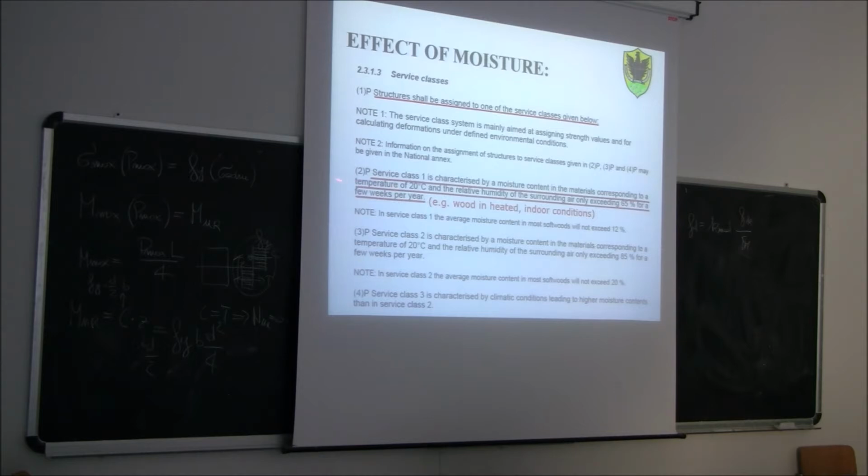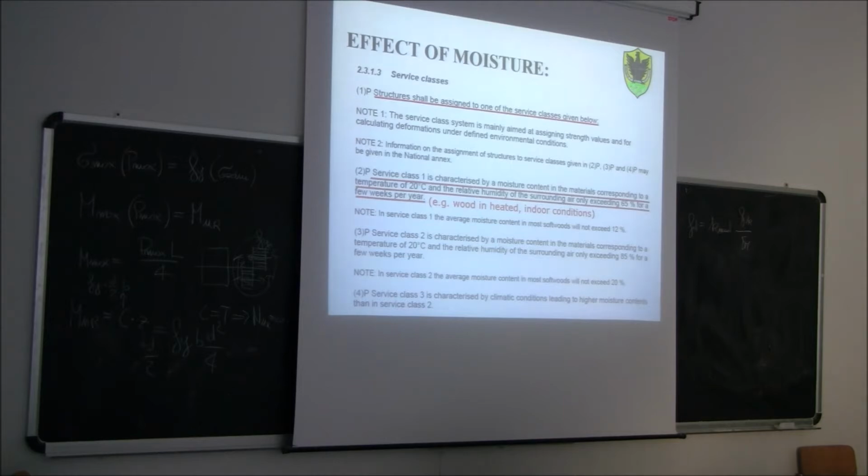Service class 1. Let's now focus on service class 1. Service class 1 is characterized by a moisture content in the materials corresponding to a temperature of 20 Celsius degrees and the relative humidity of the surrounding air only exceeding 65% for a few weeks per year.